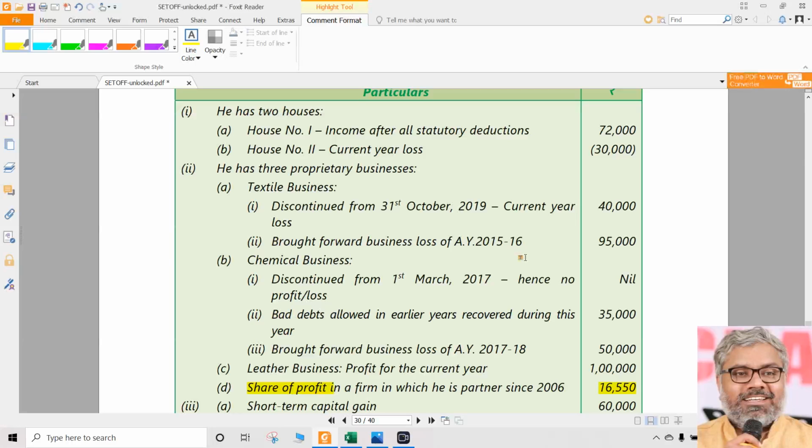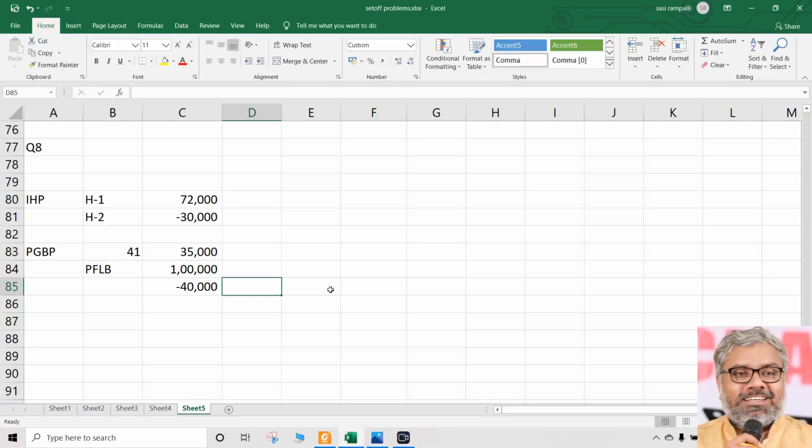So the brought forward loss in relation to the chemical business, first of all, this 50,000 can be adjusted against this 35,000 related to the same business, because that is a bad debt allowed in the earlier year, recovered during the current year. So this brought forward loss is related to 2017-18 and this brought forward loss is related to 2015-16. Which is better to do first, if available?